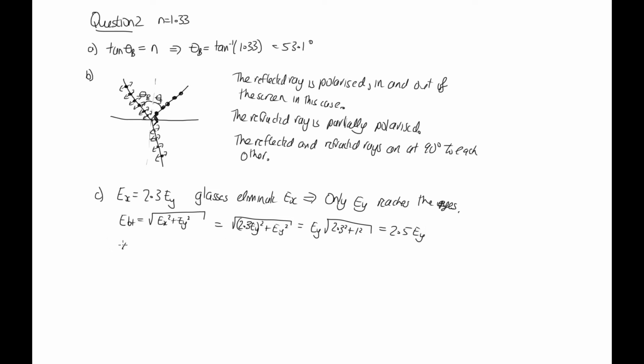So therefore the percentage of field that gets through is equal to EY over E total, which is equal to EY over 2.5 EY. And so that is equal to 2/5 or 40%.